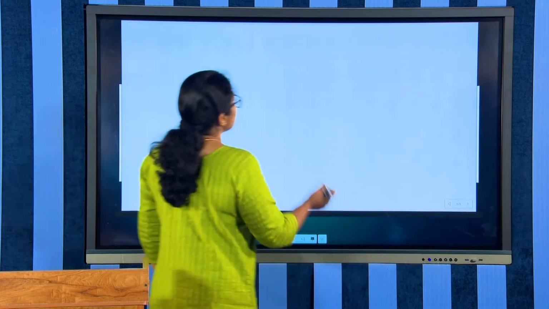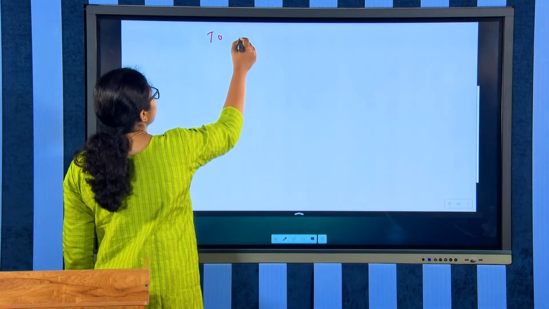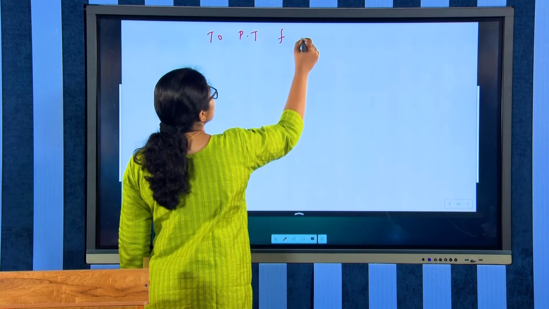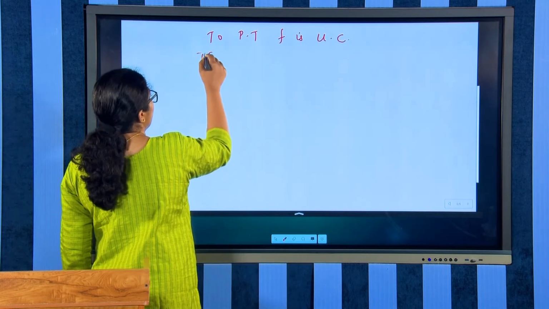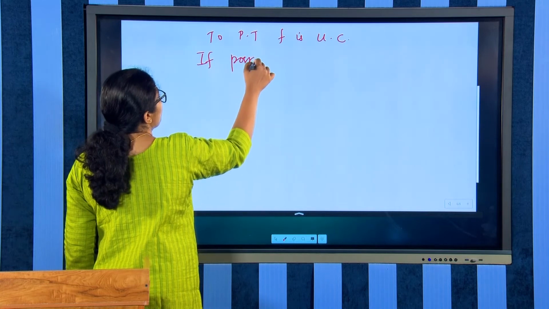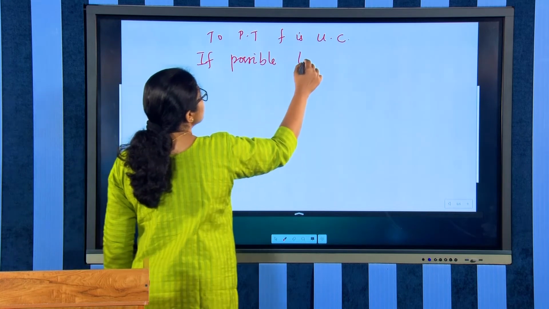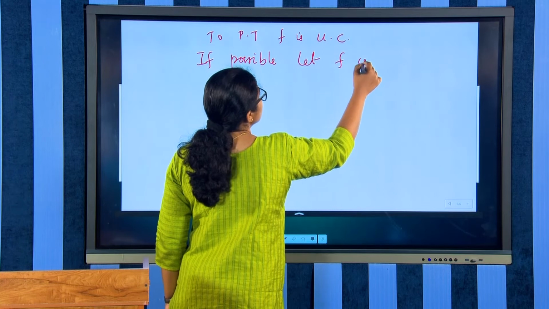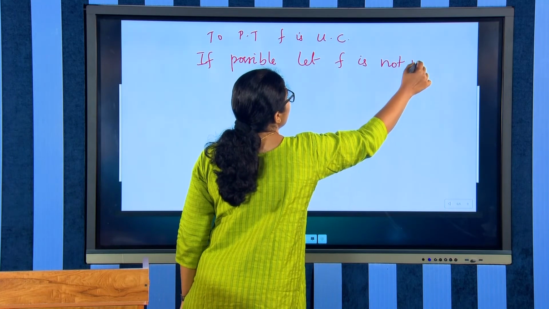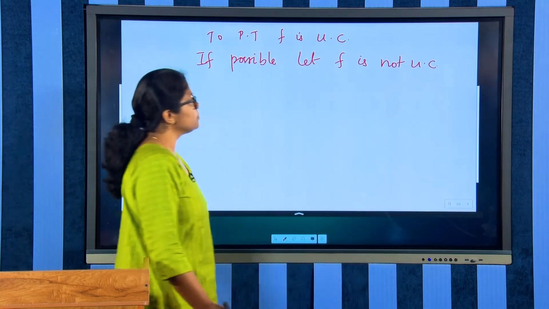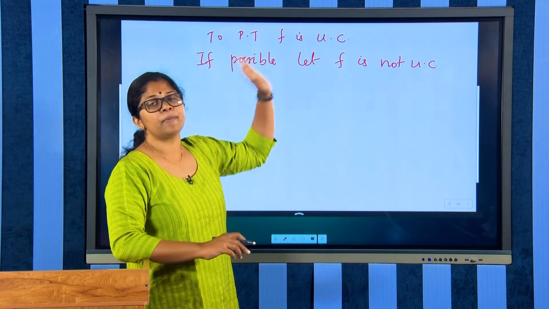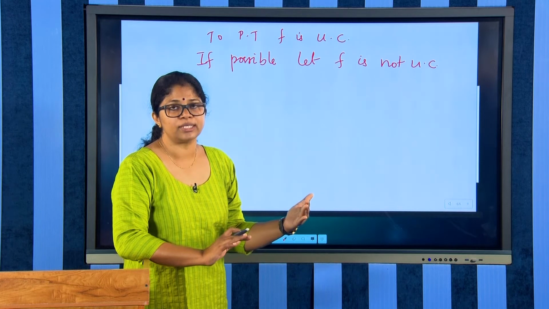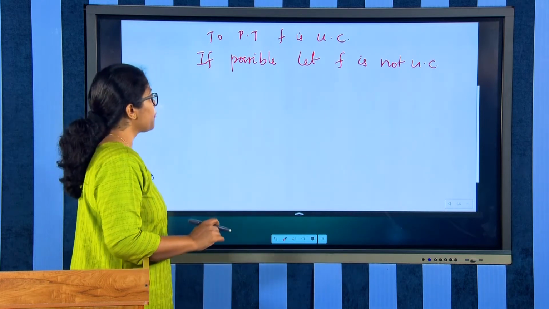So, we need to show that f is uniformly continuous. If possible, let us suppose that f is not uniformly continuous, but f is defined on a closed bounded interval and it is continuous.